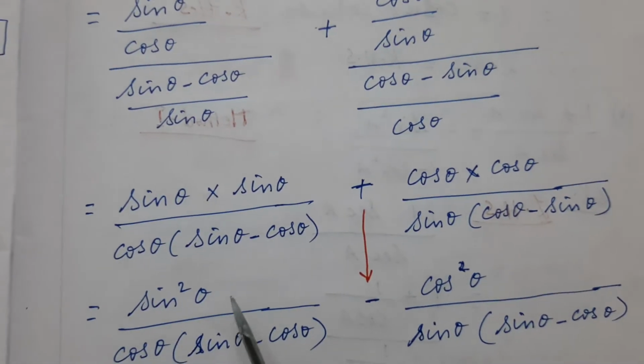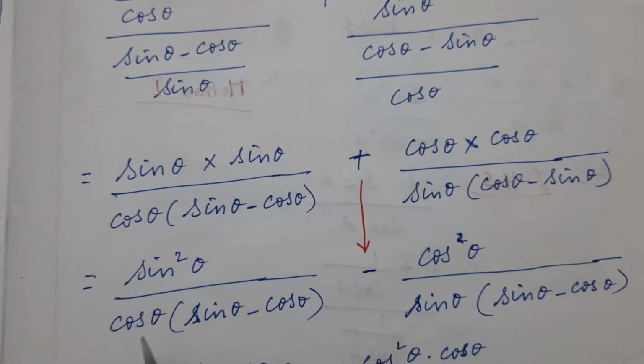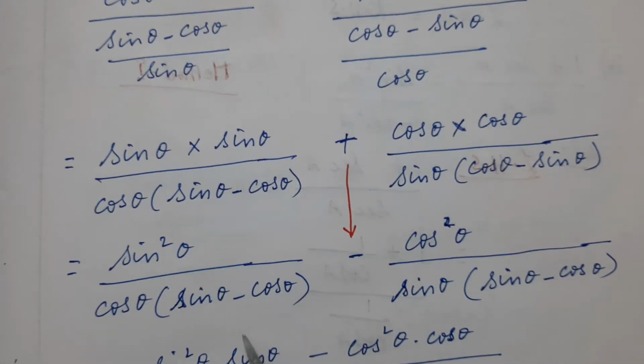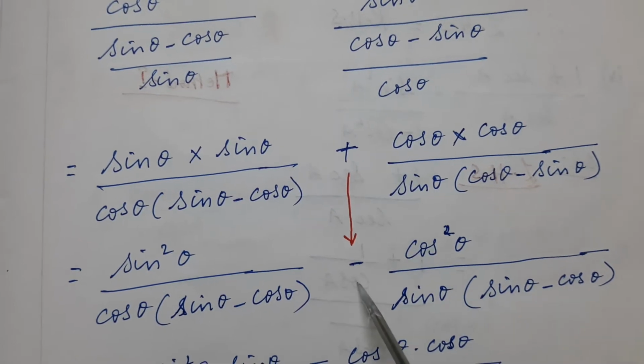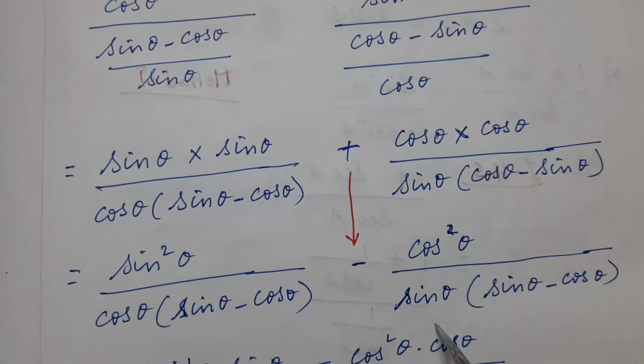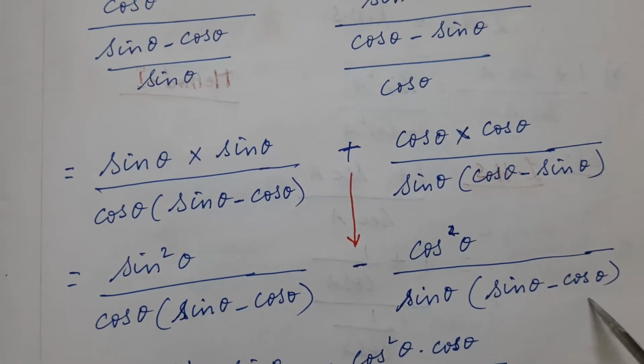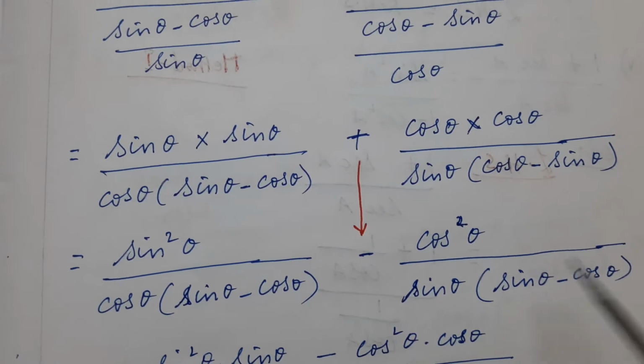So the next step I am writing sin theta into sin theta is sin square theta by cos theta into sin theta minus cos theta, plus becomes minus here. Cos into cos is cos square theta by sin theta. Since I have changed the sign, this order I can write as sin theta minus cos theta. Now we have got both sin theta minus cos theta.